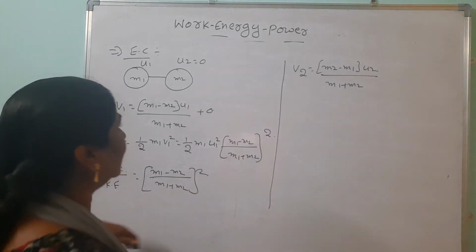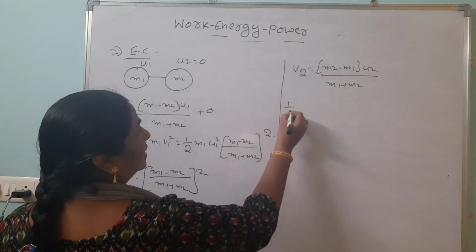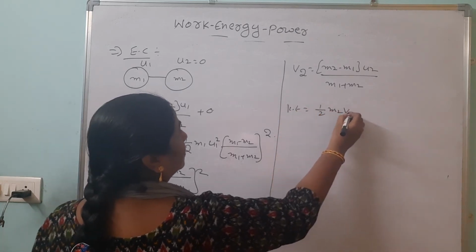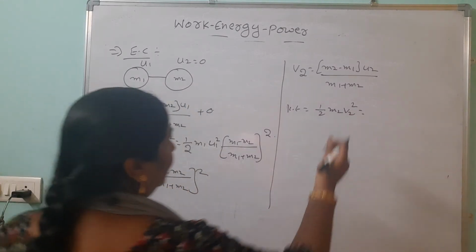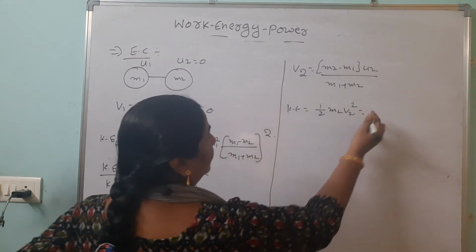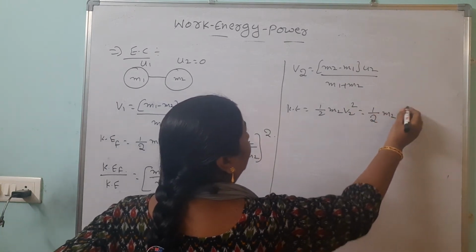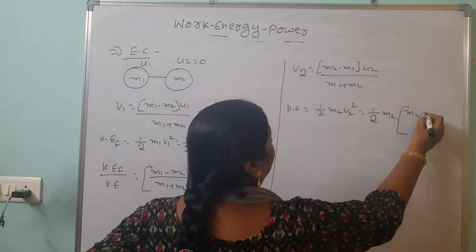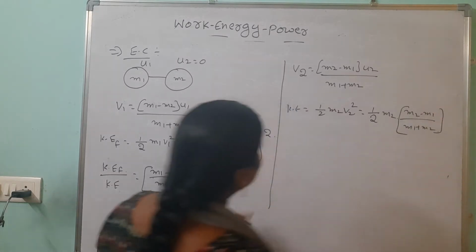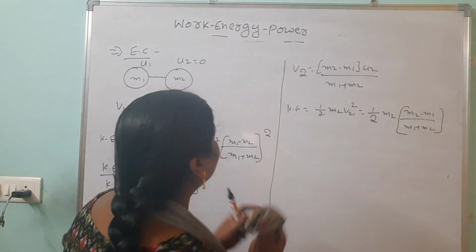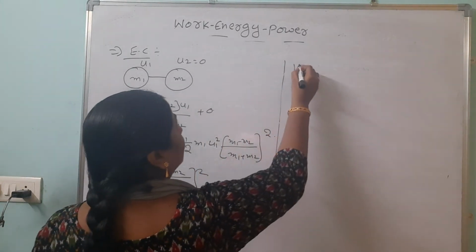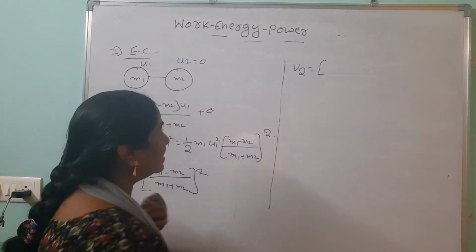After simplifications, the kinetic energy after collision is half m2 v2 square. But the thing is, here u2 is 0. So what is the formula? v2 equals (m2 minus m1) u2 plus the second term.